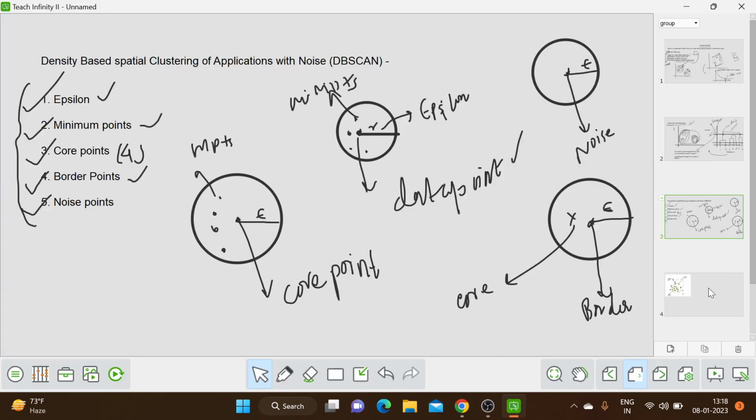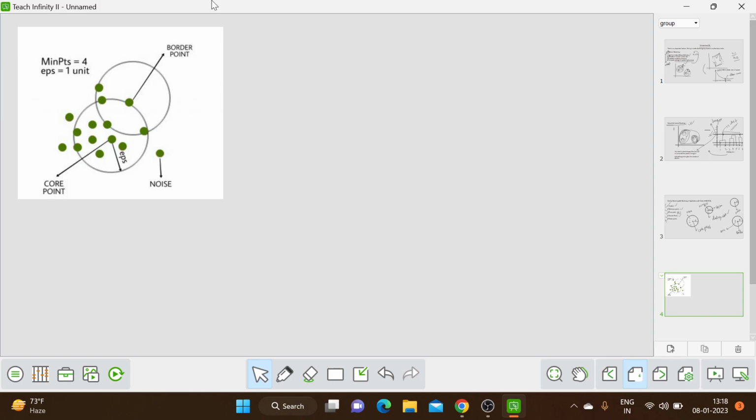Now if we see this figure, this is my main data point. These are the core points. If there is one core point inside, this is known as the border point.